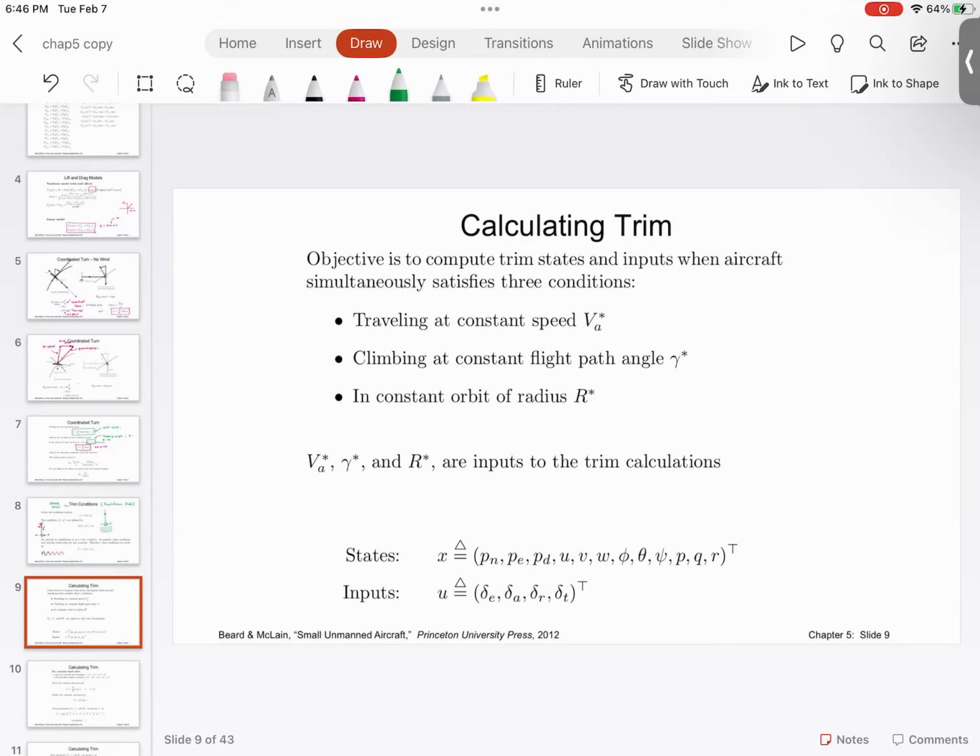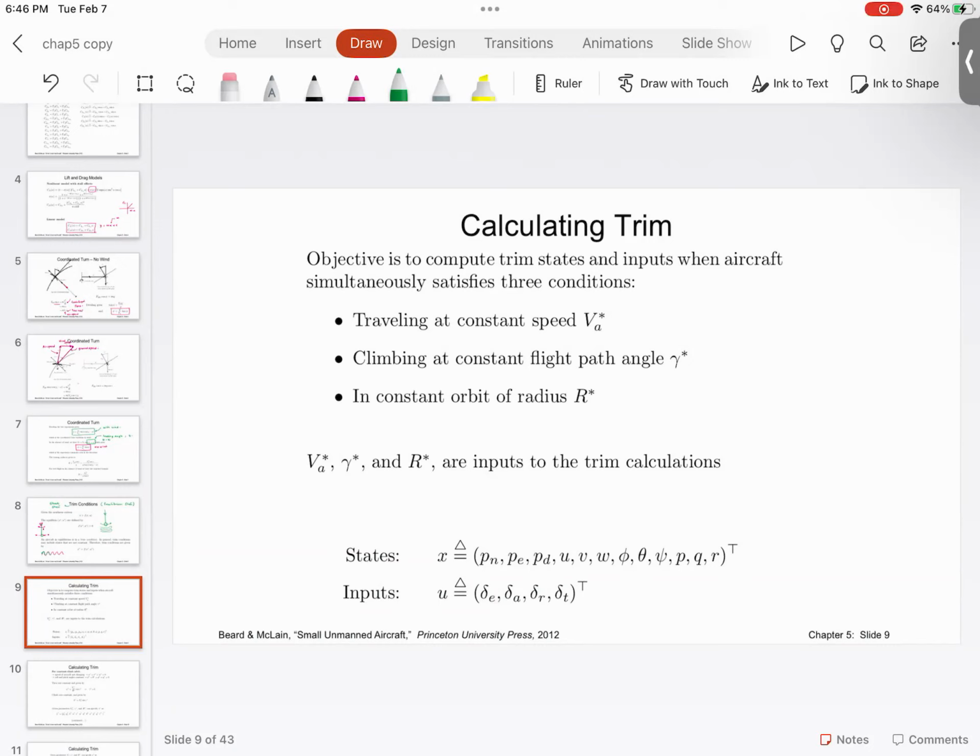So what I want you to do is, I want you to understand that calculation of trim means calculation of the aircraft parameters, specifically calculation of aircraft control surfaces deflection around certain flight regimes. So these flight regimes are traveling at the constant speed, climbing at the constant flight path angle.